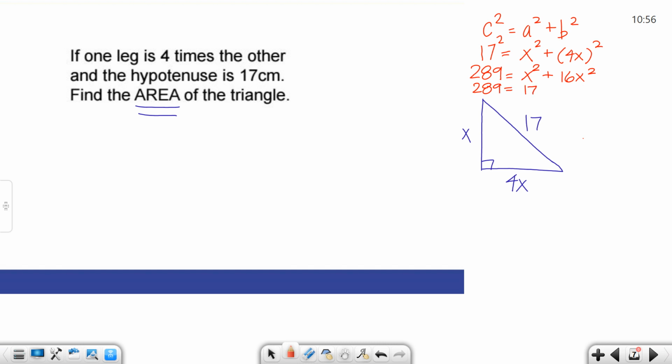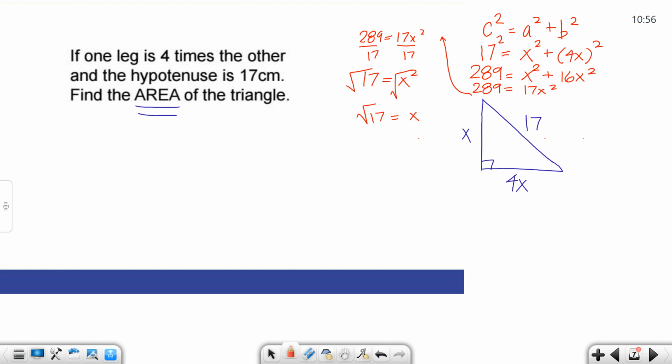And that's going to equal 17x squared. So I'll divide both sides by 17. 289 divided by 17 is 17, which equals x squared. To find the value of x, we take the square root of both sides. So the square root of 17 equals x.